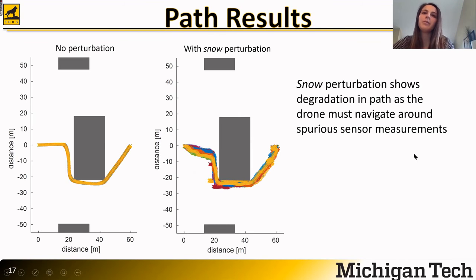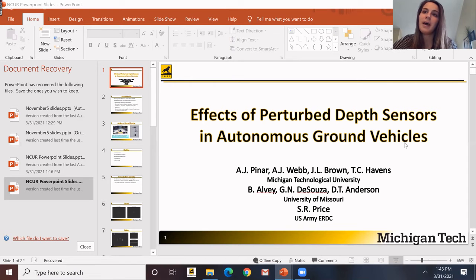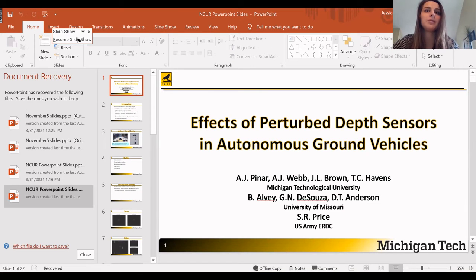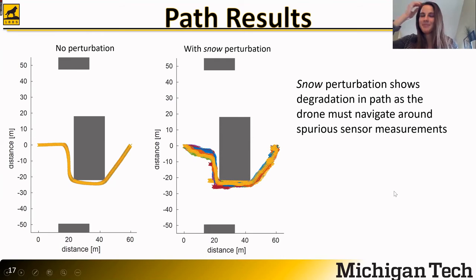And so looking at the results for when we use snow, it shows the degradation of the path. So when we added snow and ran it 10 times, it showed how the path degraded as the drone had to navigate around the random sporadic little objects it detected in the sensor measurements.